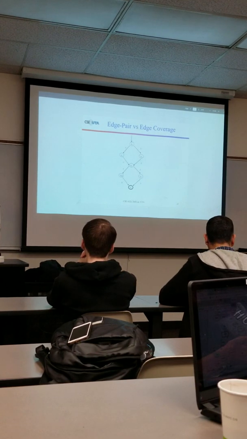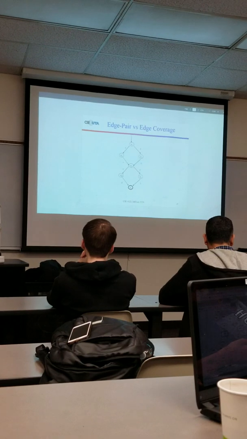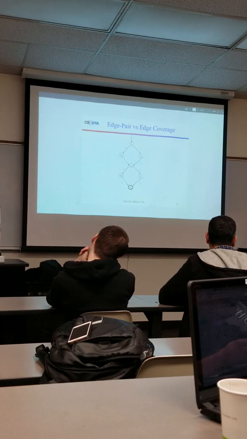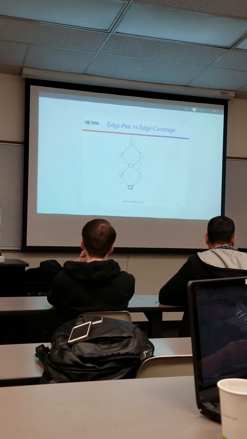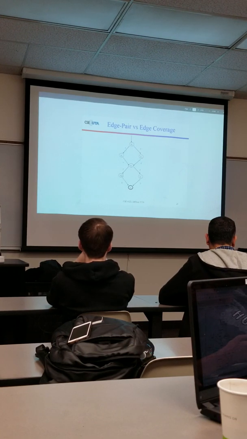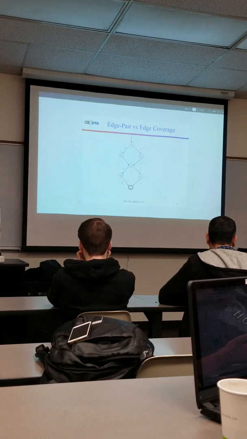On the right-hand side would be B, D, F, H. If I execute 2 test cases such that these 2 test paths are executed, then I achieve edge coverage, right? Because every edge I have in the graph is executed at least once.